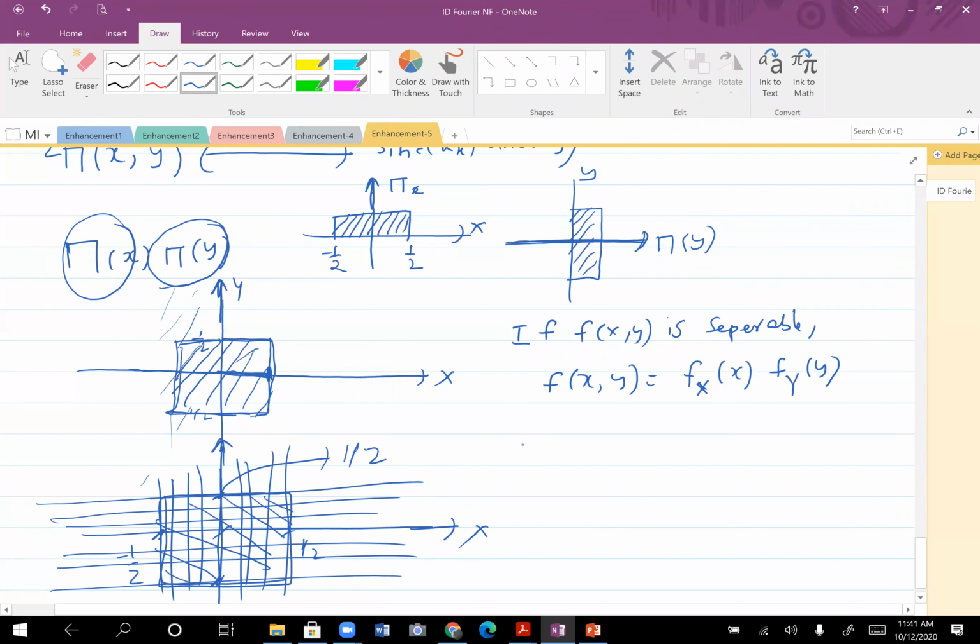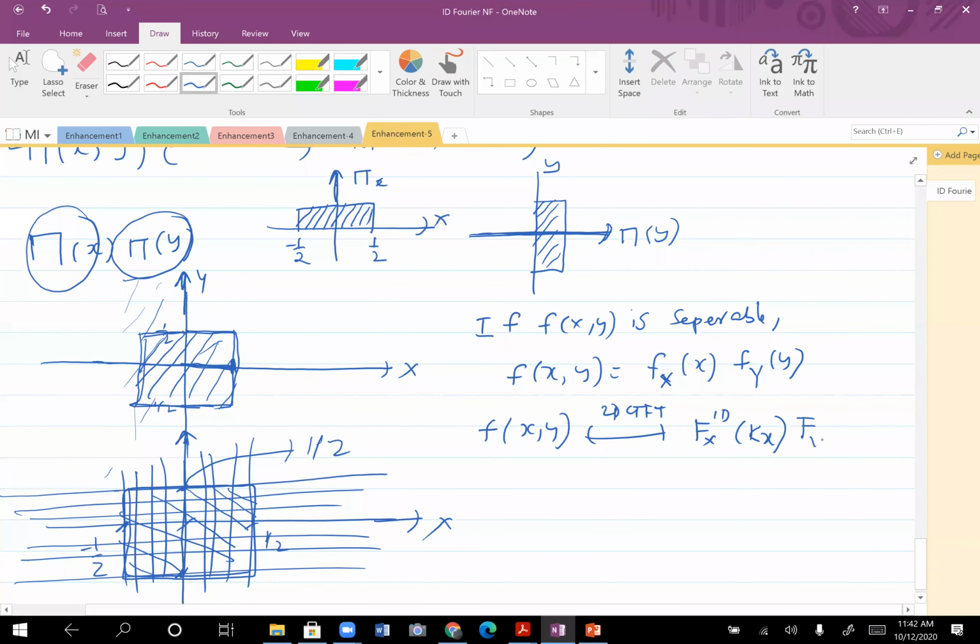In that case, the two-dimensional CTFT of f of xy would be equal to the one-dimensional Fourier transform of this, multiplied with the one-dimensional Fourier transform of this, ky.